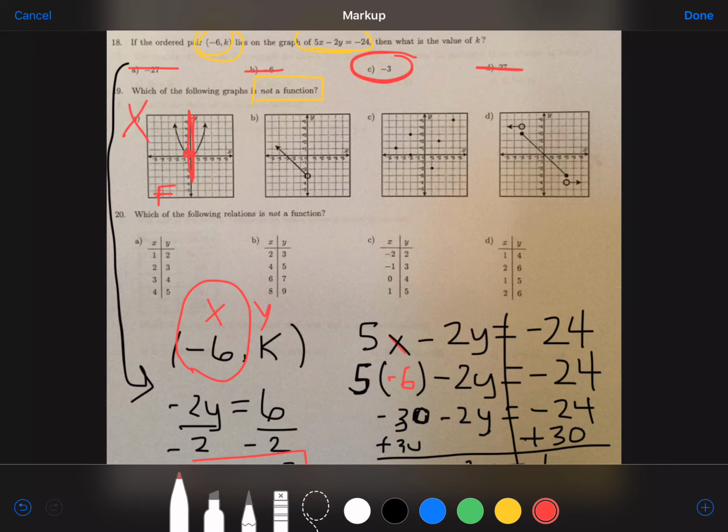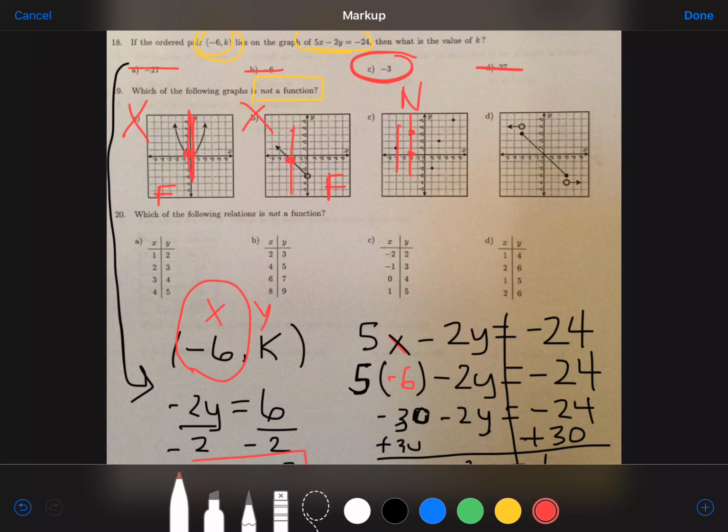On B, same thing. If I drew a vertical line down that graph, I only cross it one time. So that one is a function. Go ahead and cross out B. On C, we have to draw lines and make sure that we never cross through more than one point. But as I drew that second line, I noticed I crossed through 2 points.